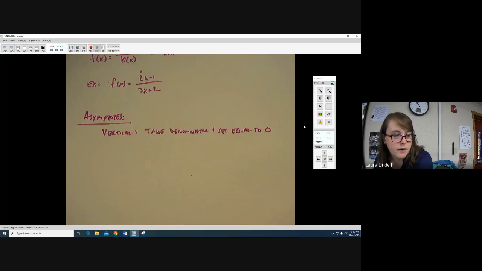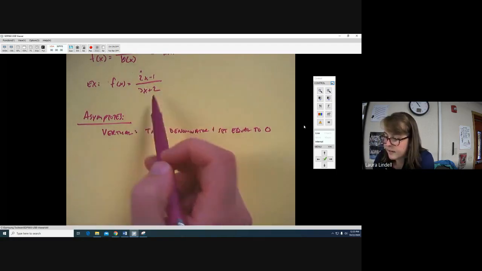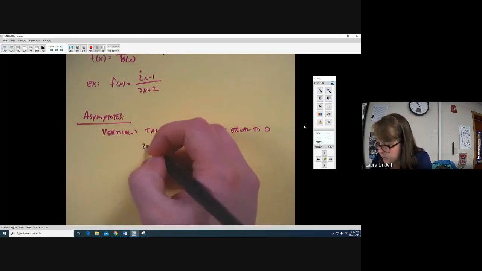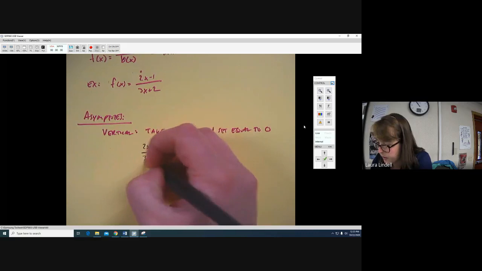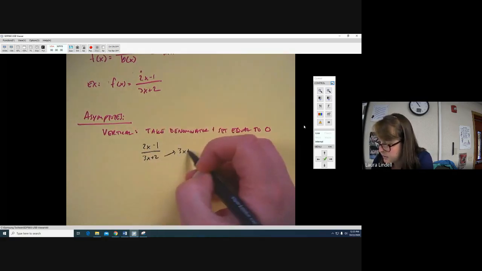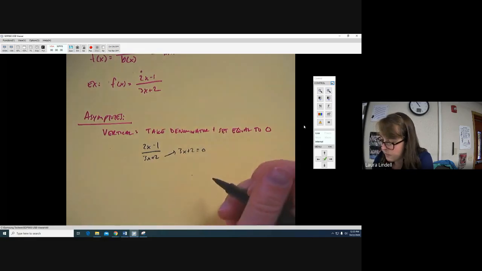So for example, in this one, if we had 2x minus 1 over 3x plus 2, I would take 3x plus 2 and set it equal to 0.